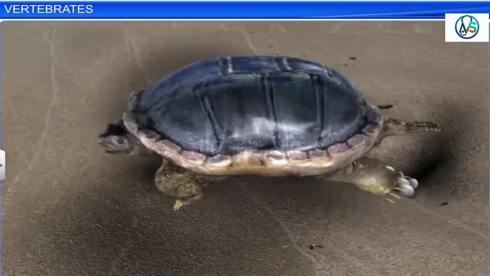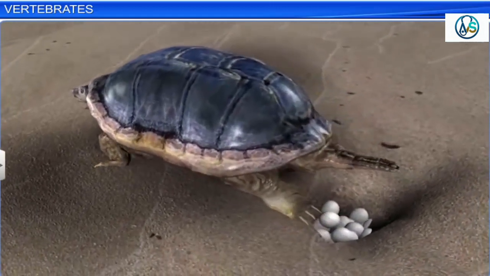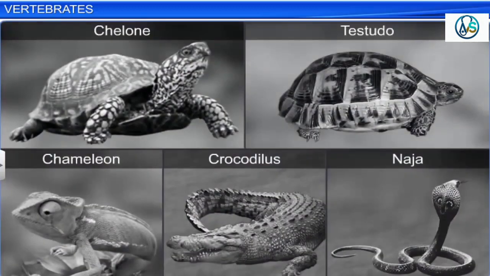In reptiles, the sexes are separate and fertilization is internal. They are oviparous and exhibit direct development. Some common reptiles are Chelone, Testudo, Chameleon, Crocodilus, and Naja.